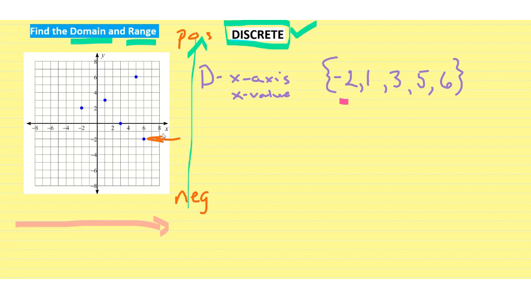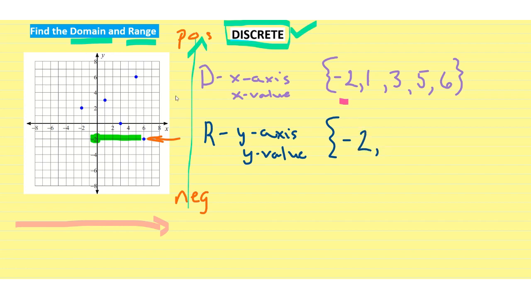So what does it line up with on the Y-axis? Our range values have to do with the Y-axis, and the Y values. This point lines up with the -2. So that is going to be my first range value. It's going to be a -2.